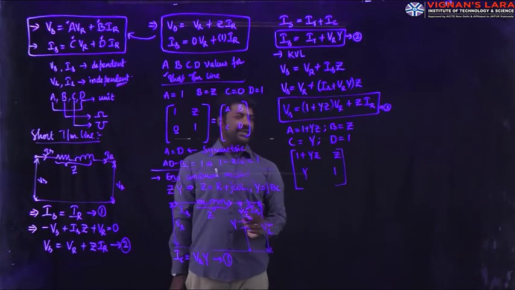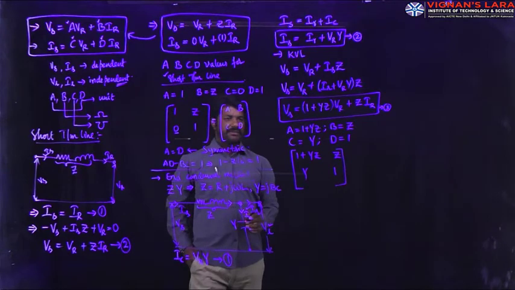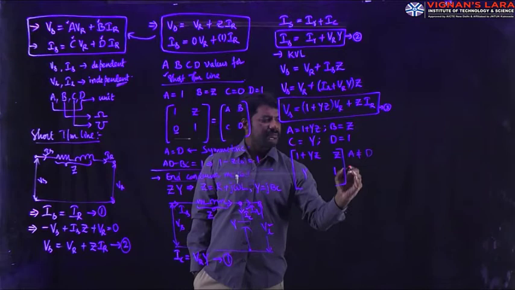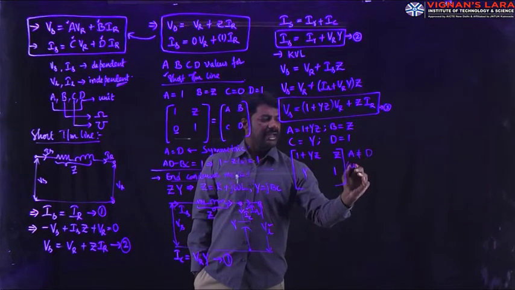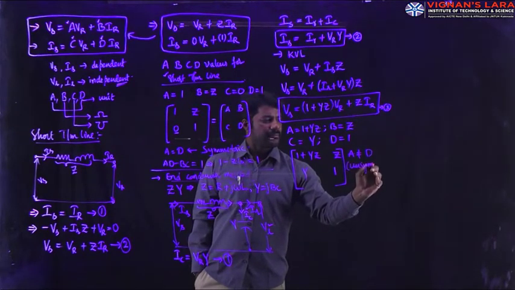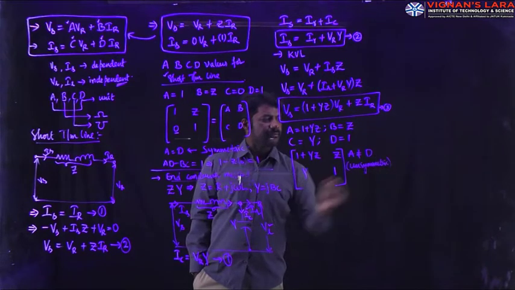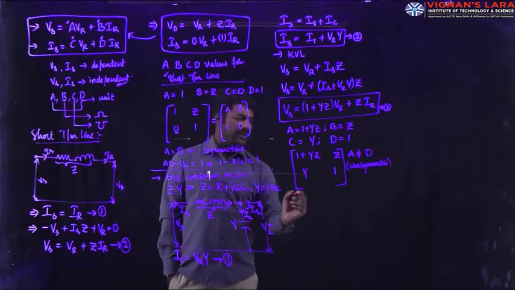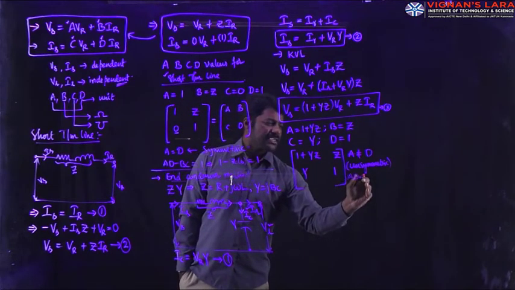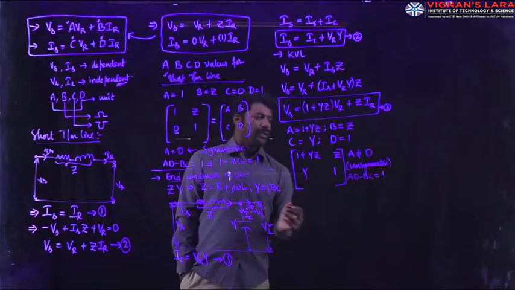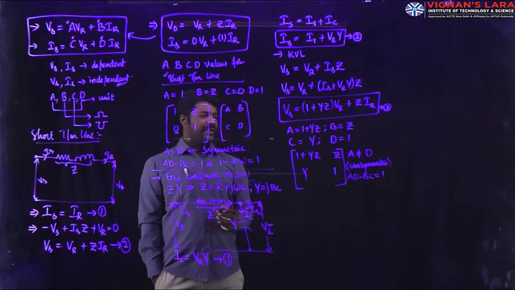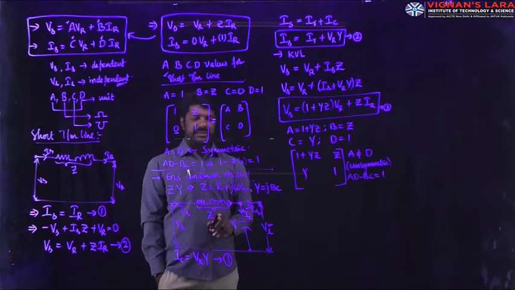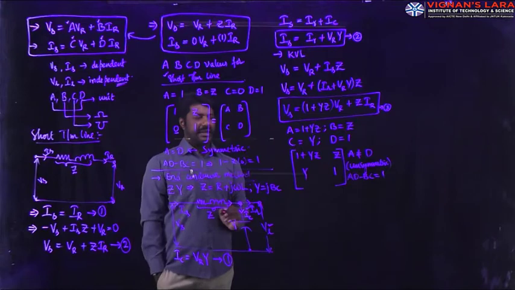Observing these ABCD constants of the end condenser method, since A is not equal to D, the line is not symmetric. Therefore, it is an unsymmetrical line. Verify whether it is reciprocal or not using the basic formula that AD minus BC must be equal to 1. If this condition is satisfied, then the medium transmission line represented with this end condenser method is a reciprocal network.